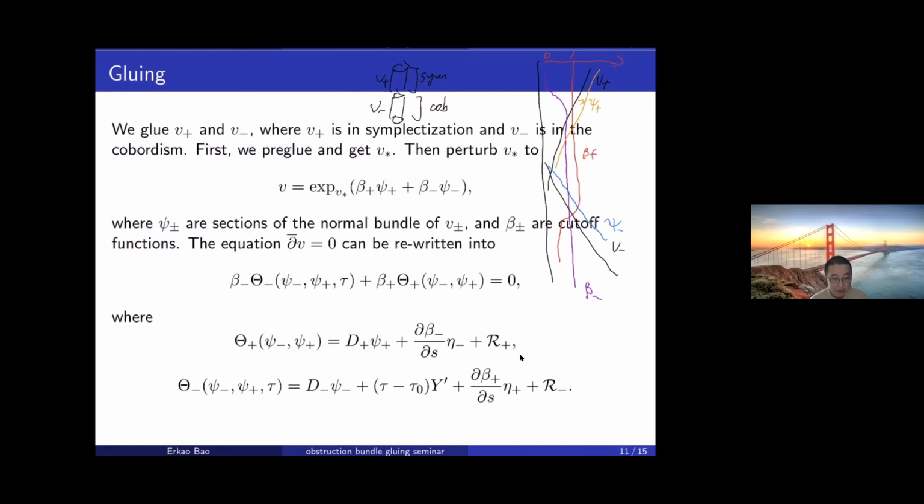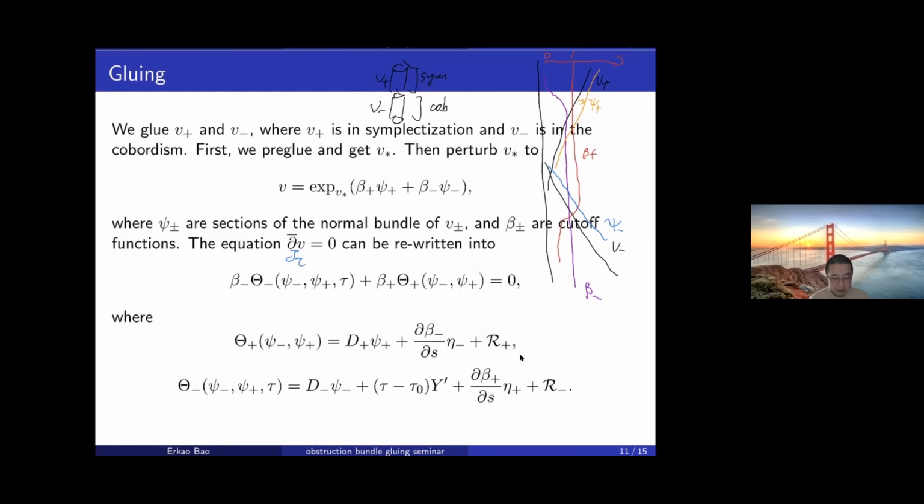So we are trying to solve J tau holomorphic, d bar of J tau equals 0, and let's say the breaking happens at tau equals tau 0.